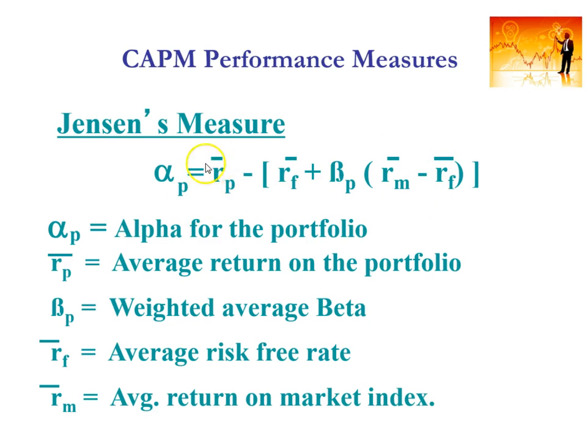And we can compare that to the actual return of the portfolio. So here's the return we actually generated, less here's the return we should have generated given the risk we were taking on. And Jensen's alpha gives us a measure of the difference between those. Hence, once again, it's given us a measure of risk-adjusted returns.